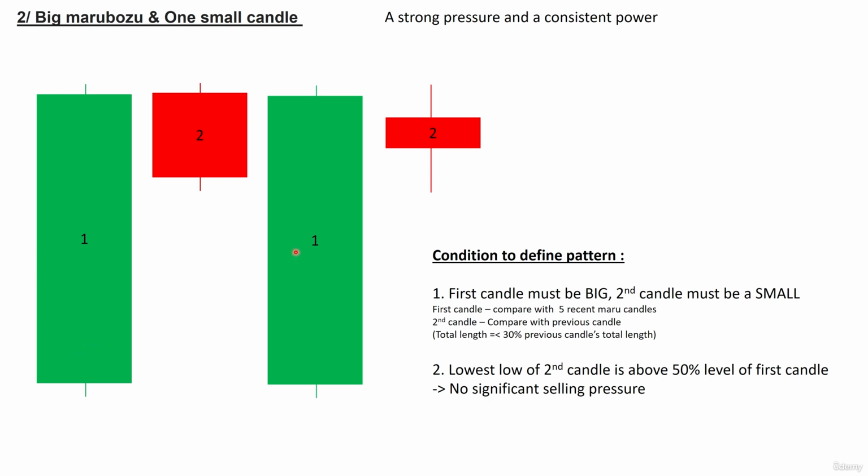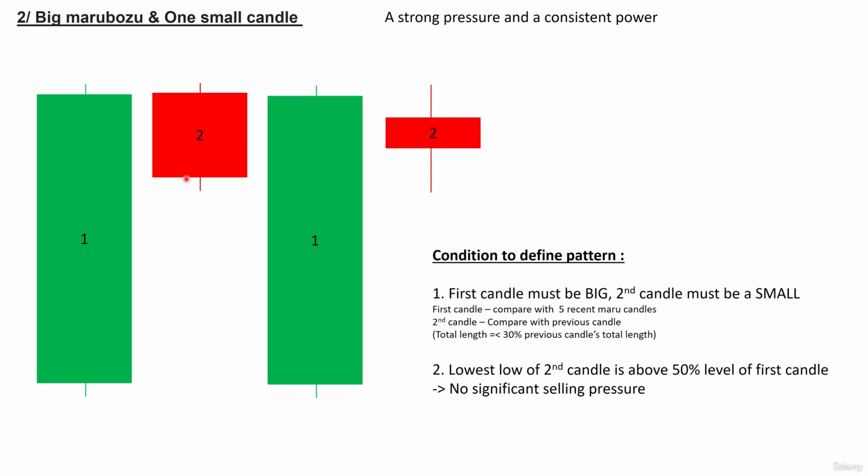You need to see that the total length of the second candle right here or right here is smaller than 30% of the first candle's total length, to confirm that the second candle right over here is a small candle.